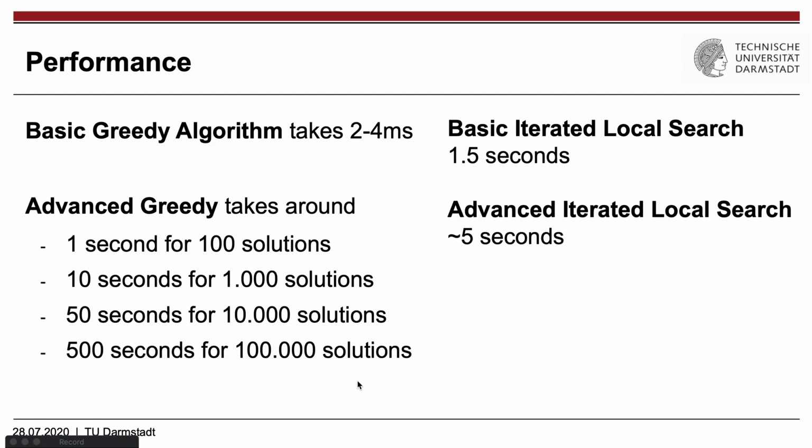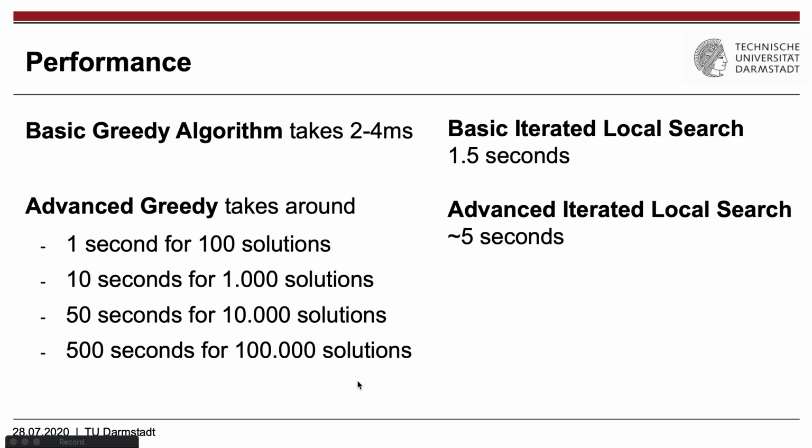The basic greedy algorithm is very simple, so it takes only about 2 to 4 milliseconds. And the advanced greedy obviously scales with the number of solutions we want to track in parallel. So this is from 1 second for 100 solutions to 500 seconds for 100,000 solutions.